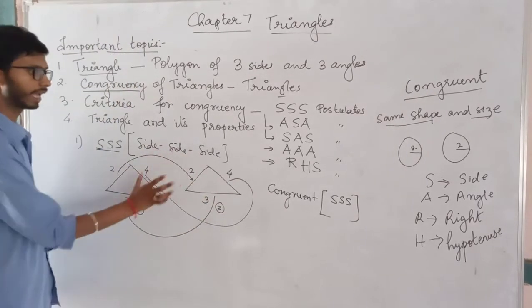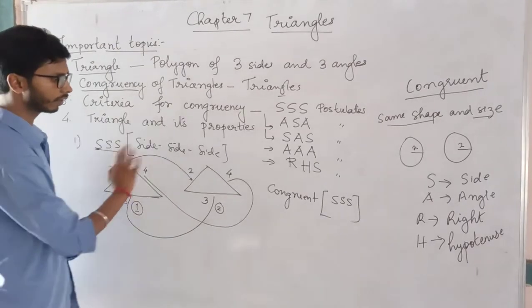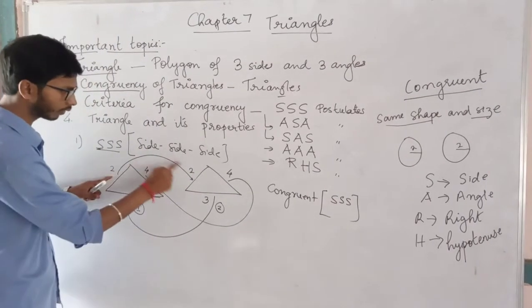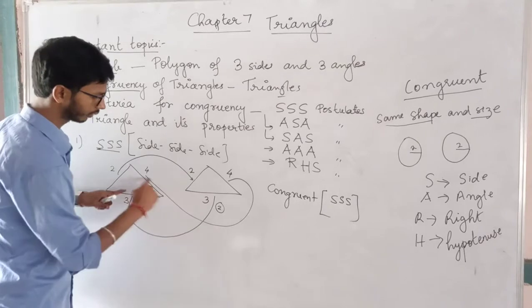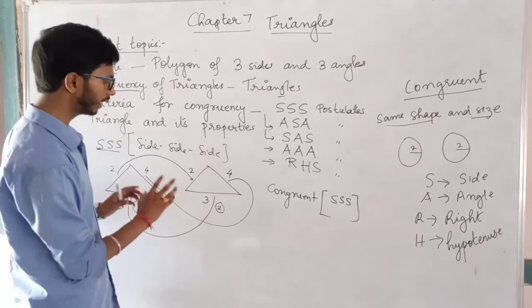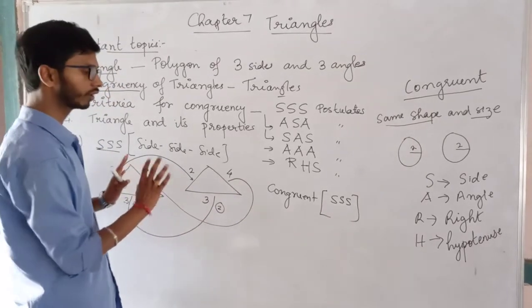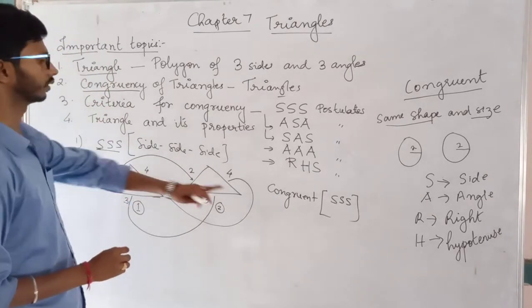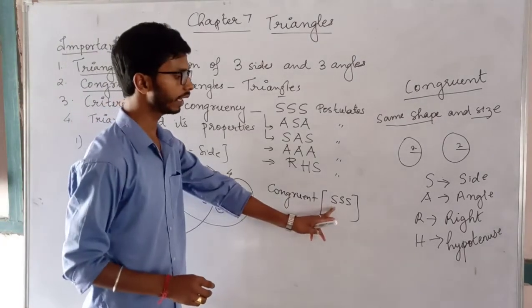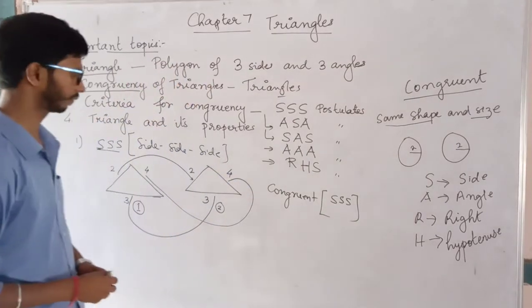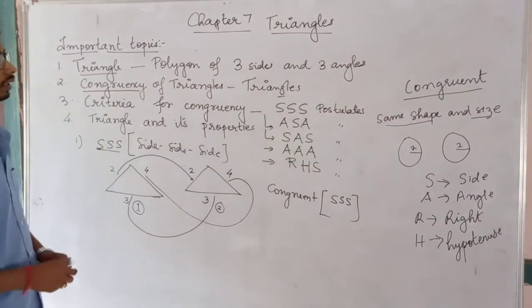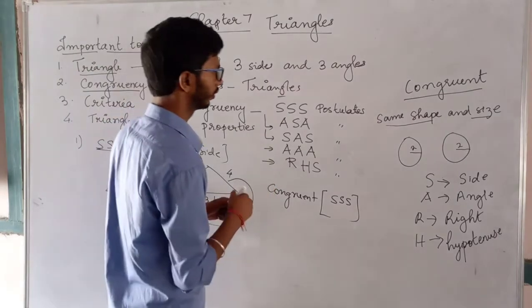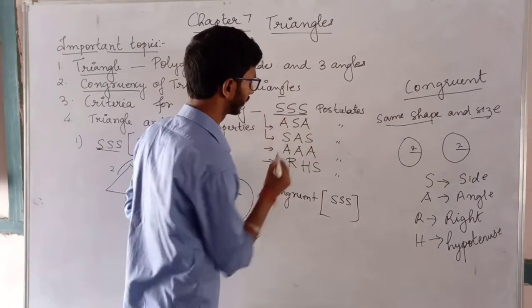If the condition is like this, where all the corresponding sides of the triangle are equal, then we call them congruent by SSS. So this is triple S.